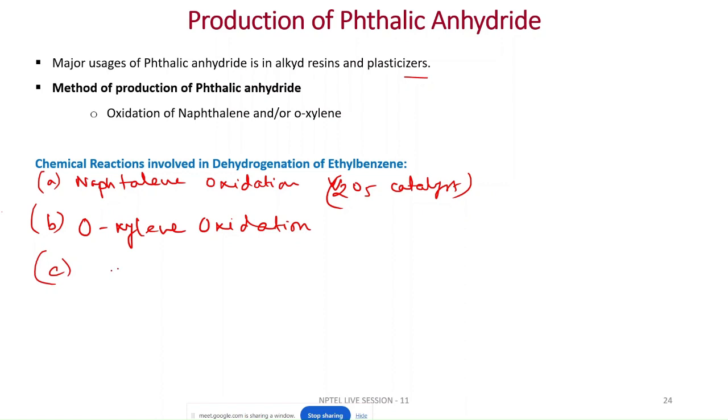Third, some side reactions occur because of the complete conversion process, and minor side reactions occur where maleic anhydride is produced as a side product. So the side product is maleic anhydride.